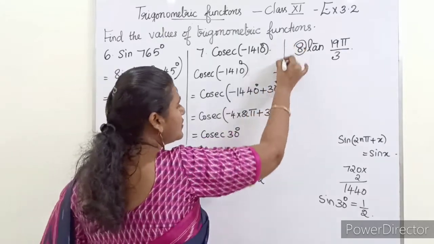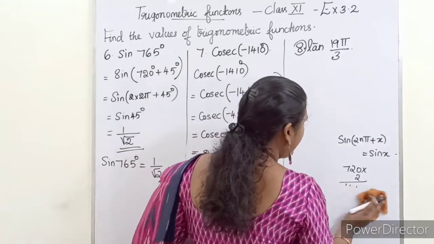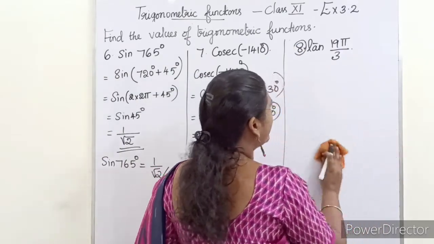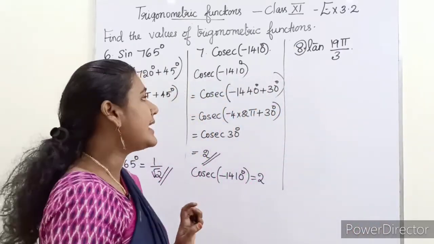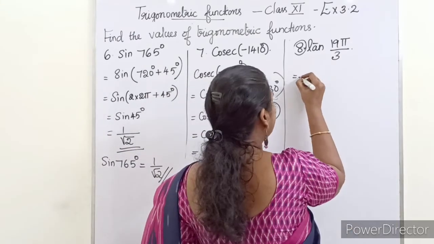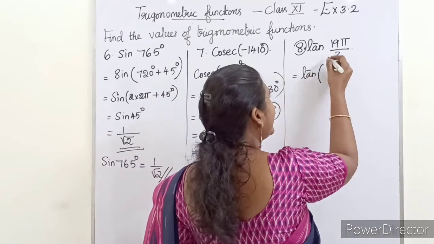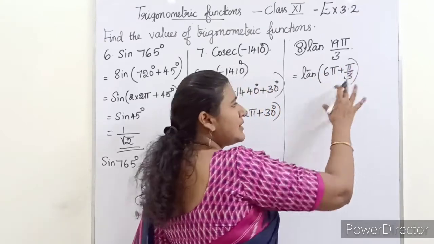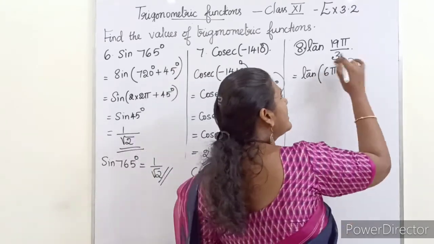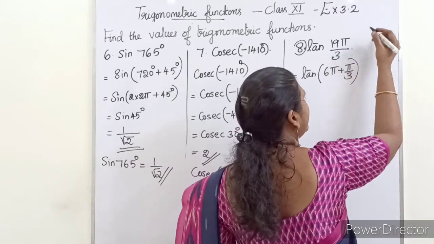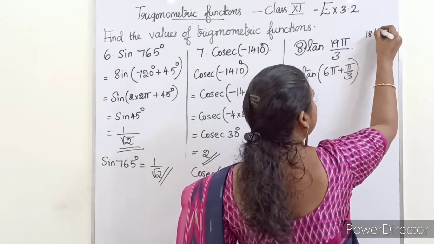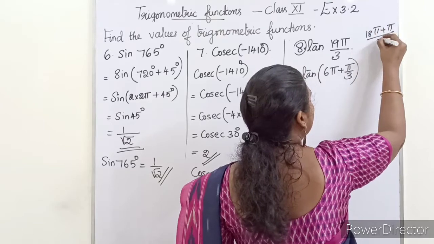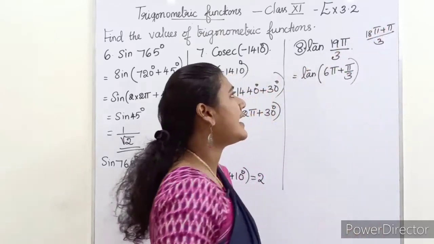Now the last, the eighth question, is tan 19 pi by 3. Here also, this angle we can write as 6 pi plus pi by 3. Can't we write like this? Because when you simplify, 6 pi into 3 is 18 pi, plus pi by 3, so 19 pi by 3 we can write like this.